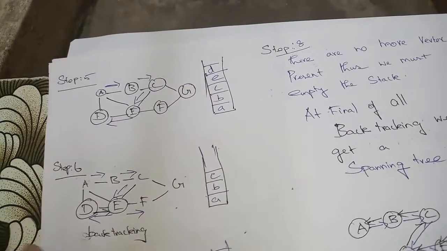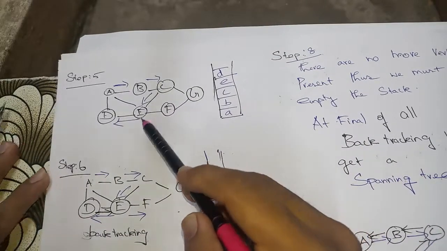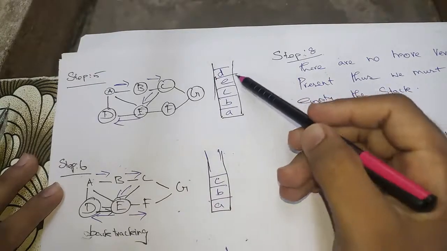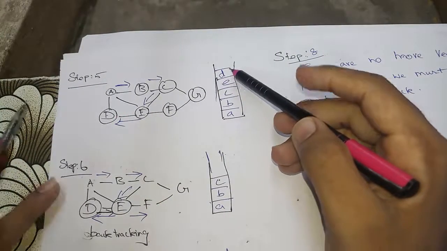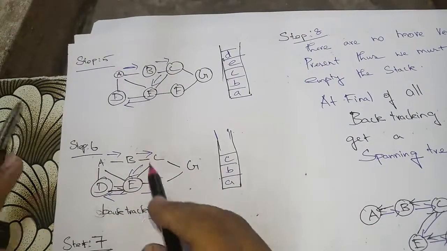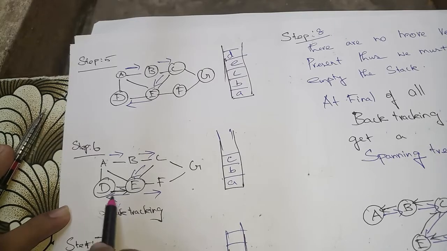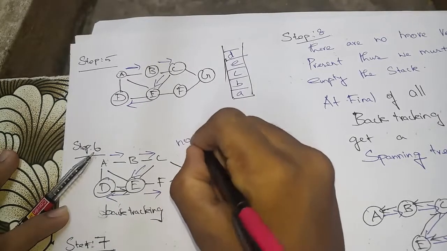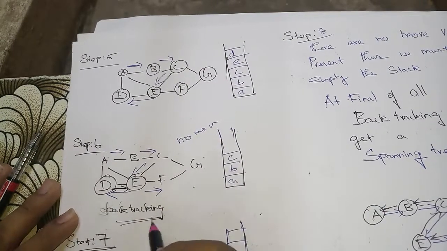On step 5, E is pushed into the stack, then D is pushed. On step 6, after D, there is no more vertex to be pushed, so we use backtracking.